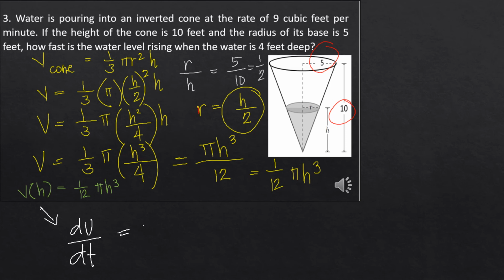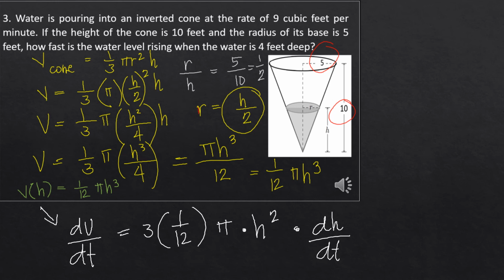So we have 3 times 1 over 12 power rule times pi times h squared, okay, times change of h with respect to time. Therefore, after doing that, we now have 1/4 pi h squared times dh over dt.